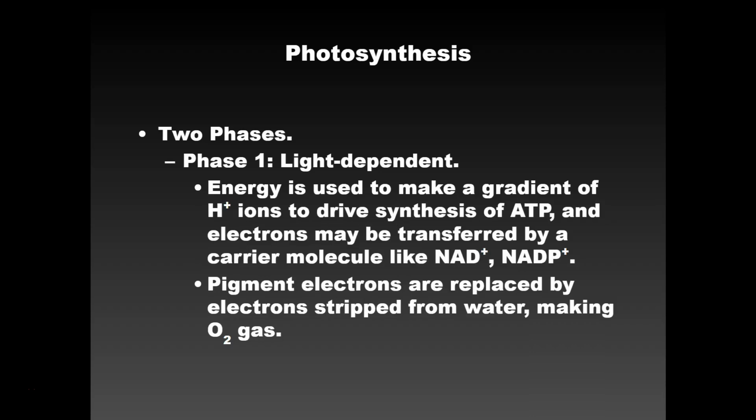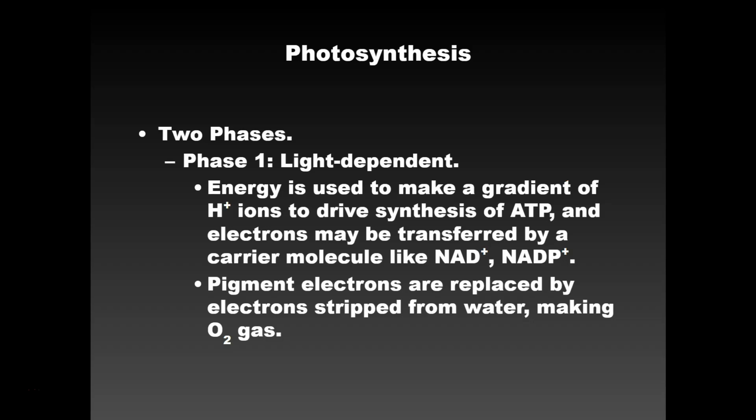So after you've excited an electron, that electron is transferred down a chain, and that energy is used to create a gradient of hydrogen ions. And a gradient here is kind of like that idea we were talking about with diffusion. So you're going to have a high concentration on one side of hydrogen ions.